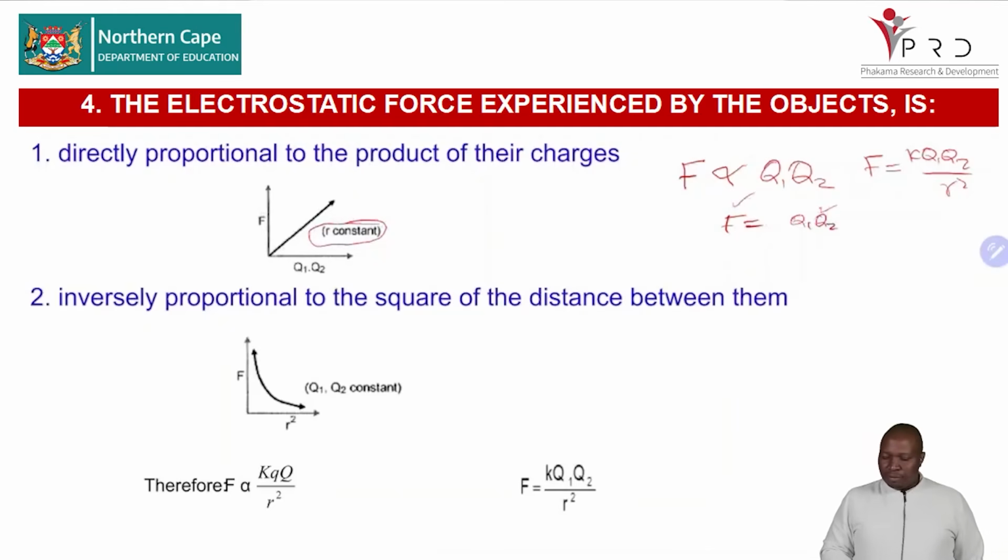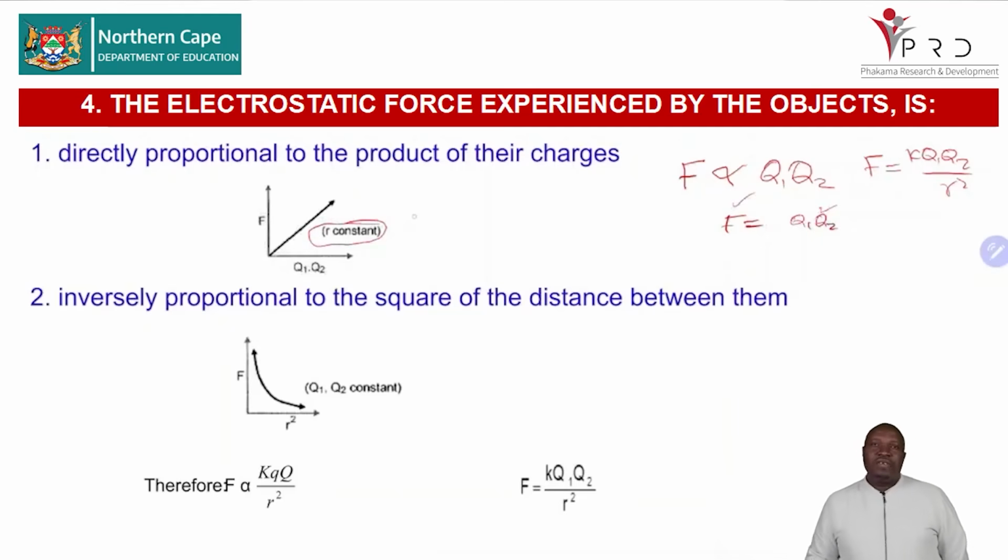So you can see the relationship between the force and the product of the charges. The main thing is that as the product of the charges increases, you can see the force is increasing. Hence, we're saying that relationship is a directly proportional relationship. So if you were to draw the graph, you will draw like that.